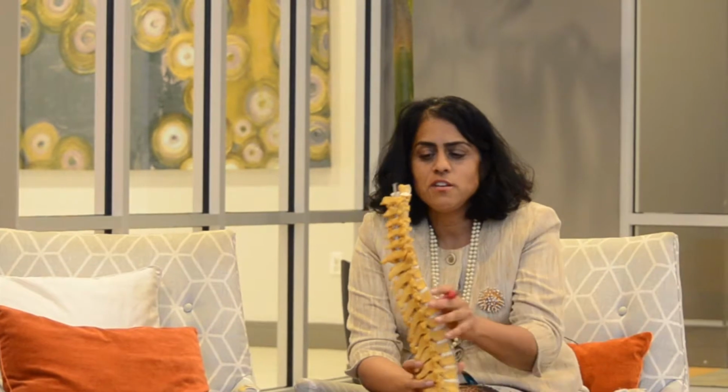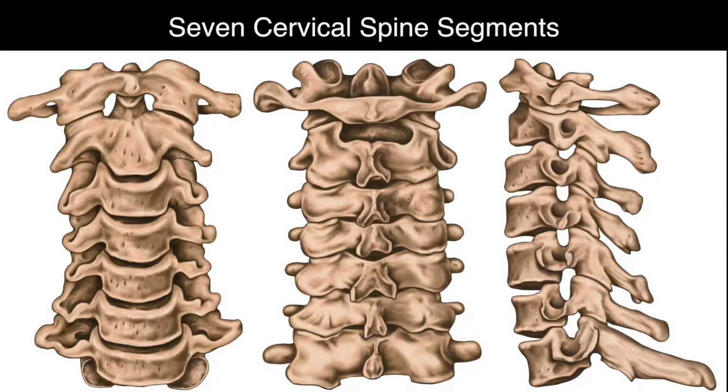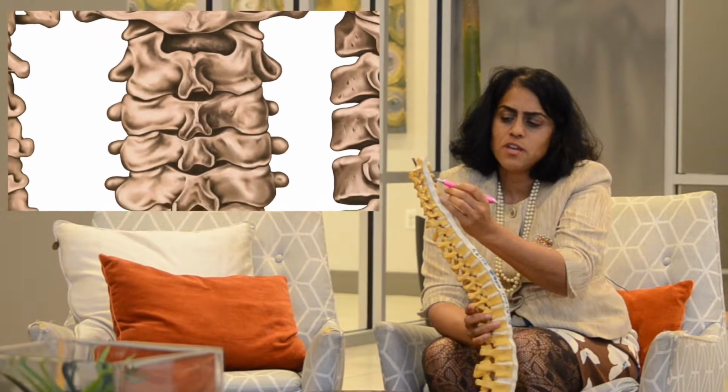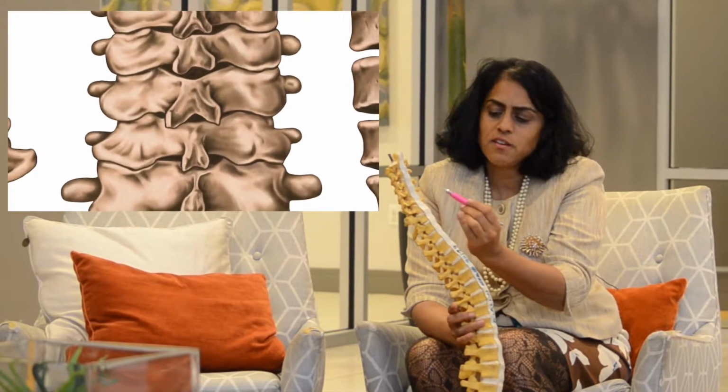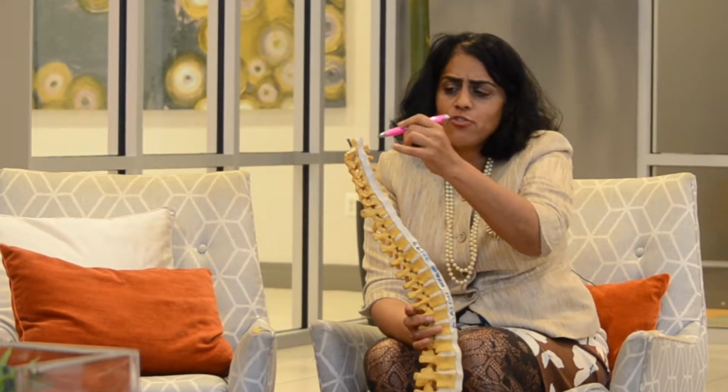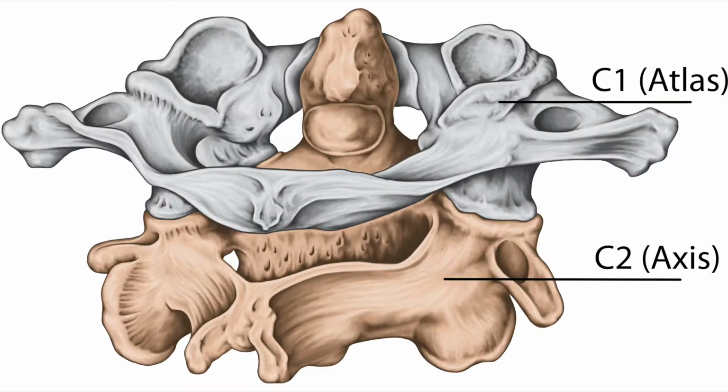Specifically, there are 7 building blocks in the neck or cervical spine segments. And if we count that, this is actually C2, 3, 4, 5, 6, 7. This is a modified spine model, which actually leaves out the C1 ring.